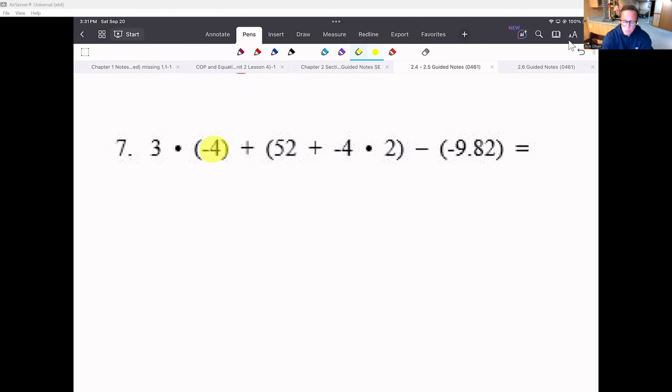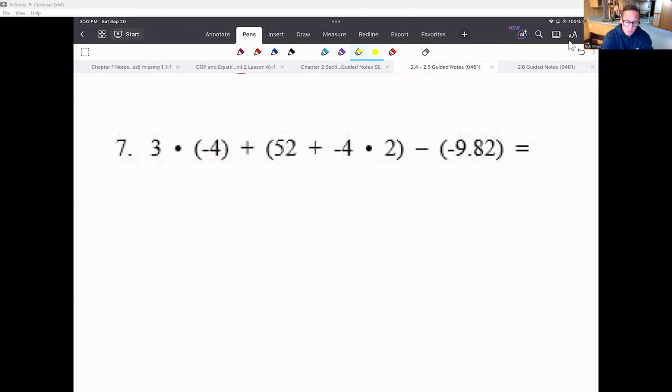But sometimes that throws people off. It could very well be left off and it still means the same thing. It's still negative 4 with or without parentheses.